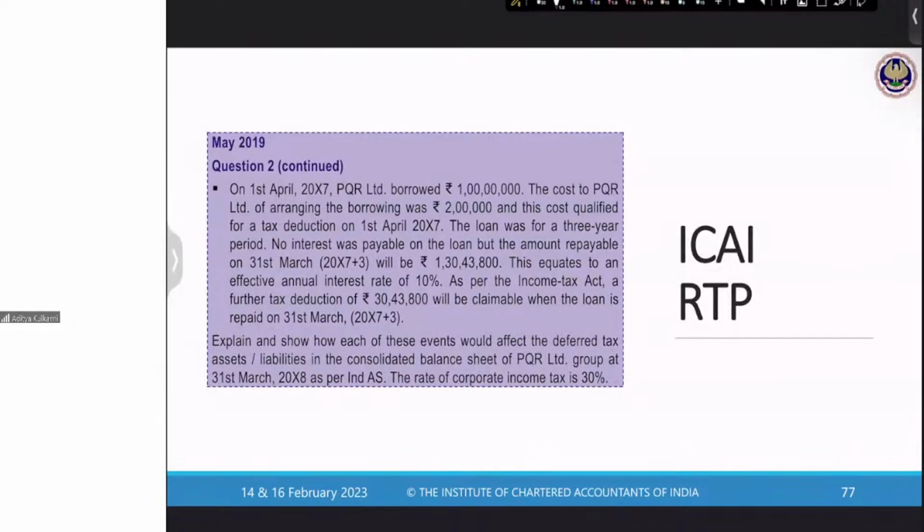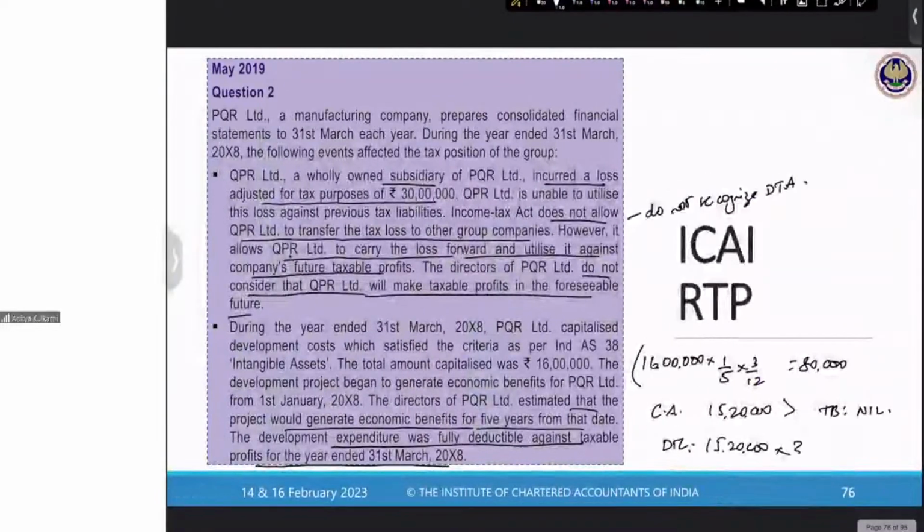Have they given the tax rate? 30%. So 15 lakh 20,000 into 30% gives you 4 lakh 56,000. Fair enough. Tax base is 0 because they've told us the expenditure was fully deductible against taxable profits.